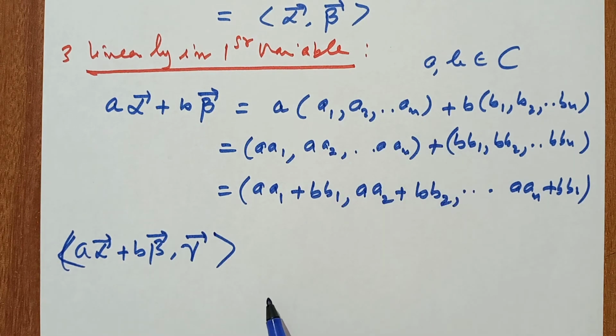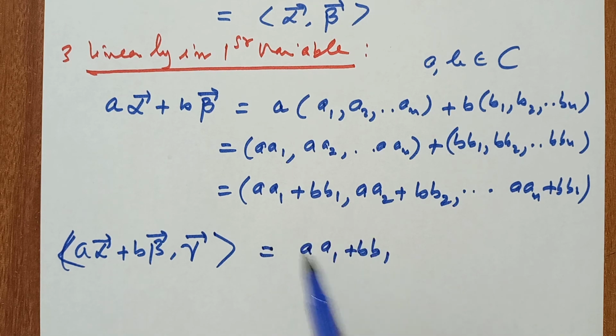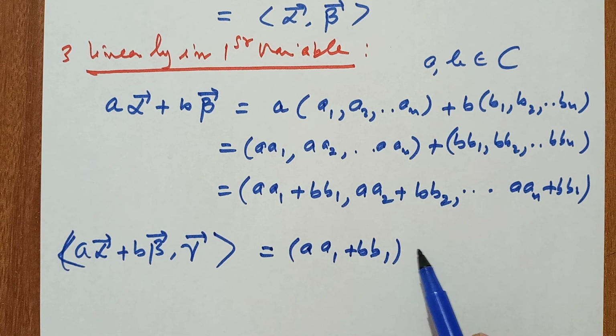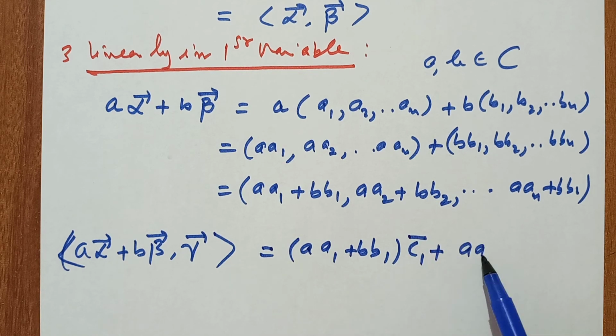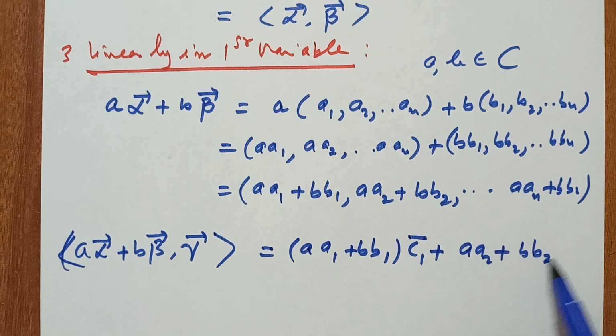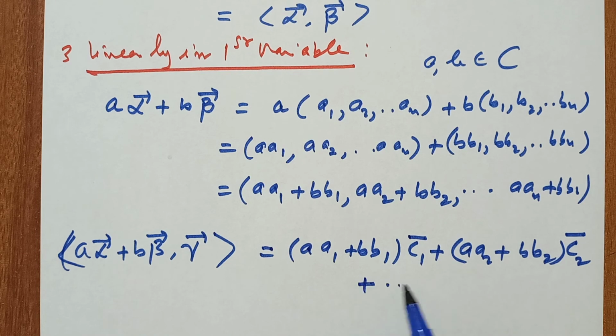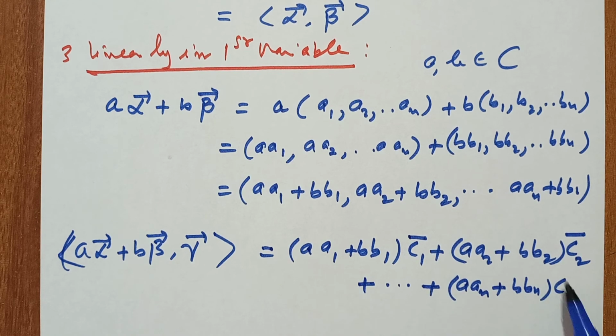By the definition, this is equal to (aa1 plus bb1) times c1 conjugate, plus (aa2 plus bb2) times c2 conjugate, plus up to (aan plus bbn) times cn conjugate.